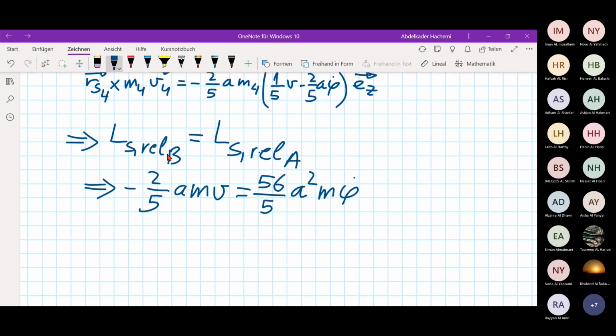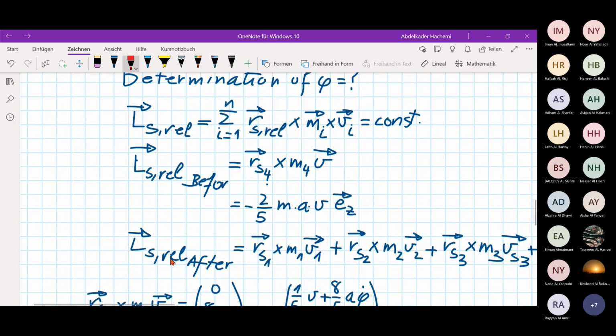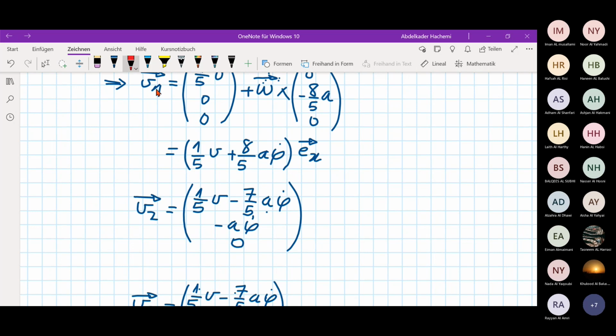Then phi dot will be equal to minus 1 over 28 V divided by A. Now, this is the expression of the angular velocity, which is unknown, and the velocities V1 to V4.